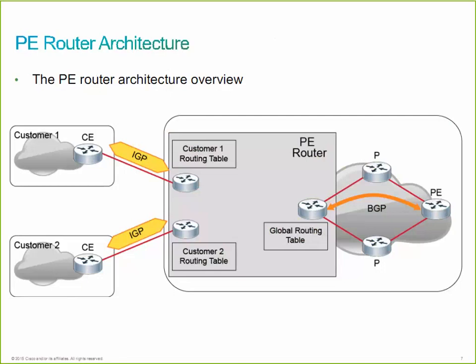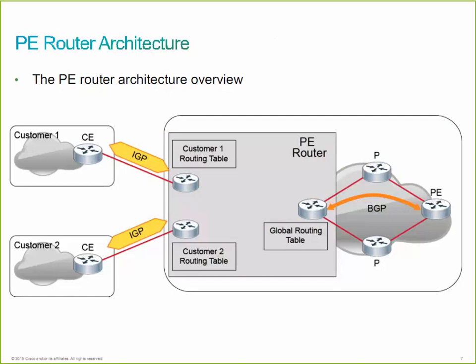All right, so each interface towards the CE router can belong to only one of those VRFs. So we're going to have a separate VRF for each customer. All right, that means that each packet that gets received on the interface is identified as part of that particular VRF. All right.